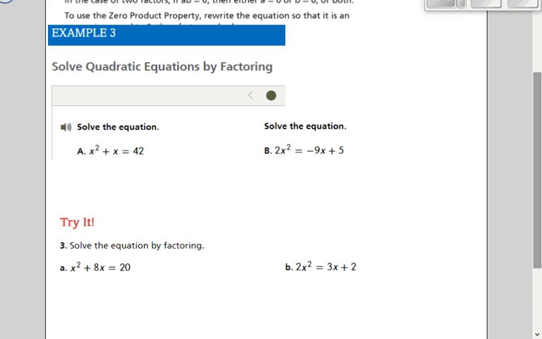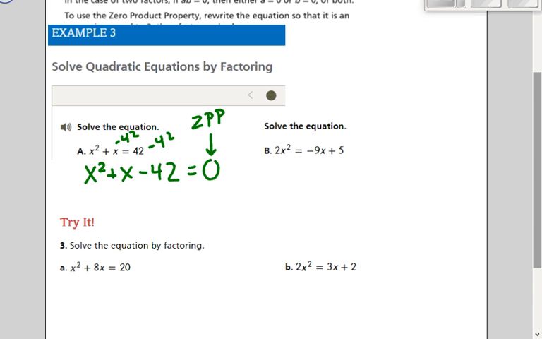0. For example, in A, I'm going to subtract 42 over to the left side from the right, so take away 42 from both sides, leaving this 0 over here, and this will allow us to use what's called the zero product property.